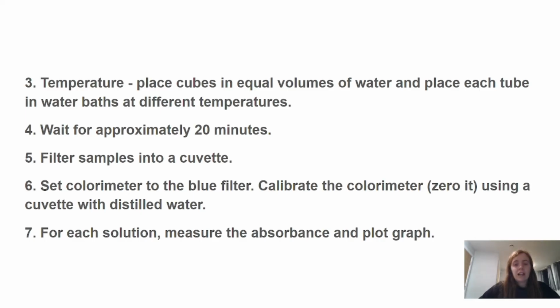And then you want to calibrate it to 0 using a cuvette with pure distilled water. If you're doing the ethanol concentration one, you can just use that 0% ethanol cuvette. But it's really important that you calibrate the colorimeter so that it's as accurate as it can be.